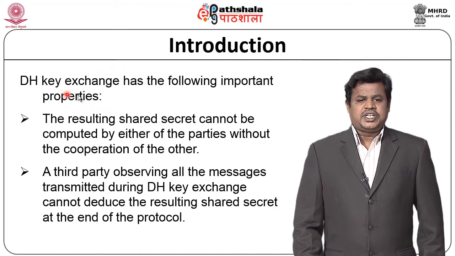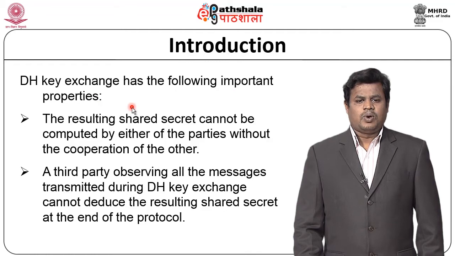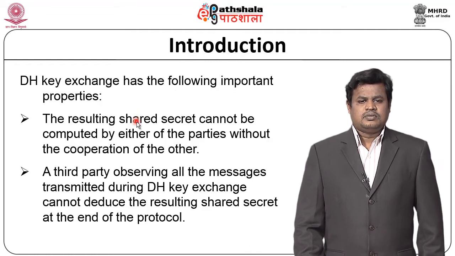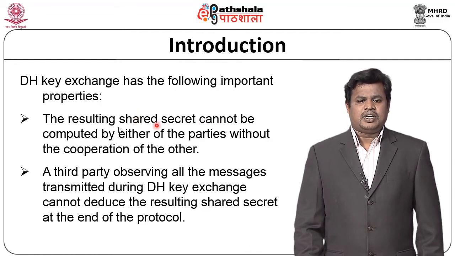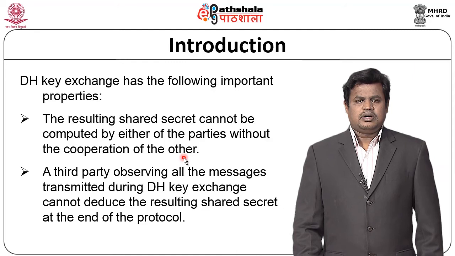So DH key exchange has the following important properties. One thing is, the shared secret cannot be computed by either party without the cooperation of the other. So when a message is shared between Alice and Bob, they can't get the original information without the cooperation of the other.